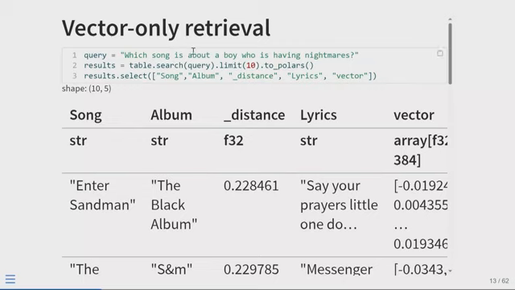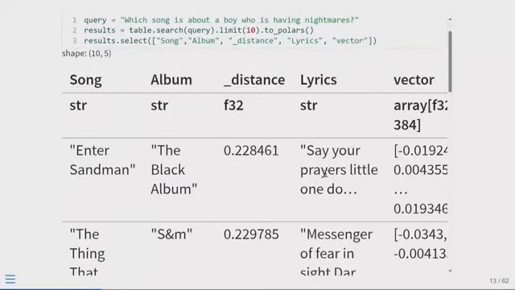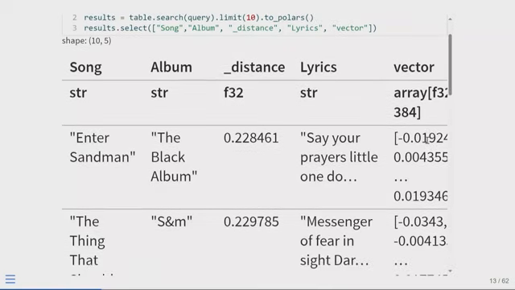For example, if I look for which song is about a boy who is having nightmares, it's going to be Enter Sandman. Normally it will also give the distance, which is by default the Euclidean distance, and the vector if you want, but we don't understand this 384-dimensional vector, so good for us that these things work.